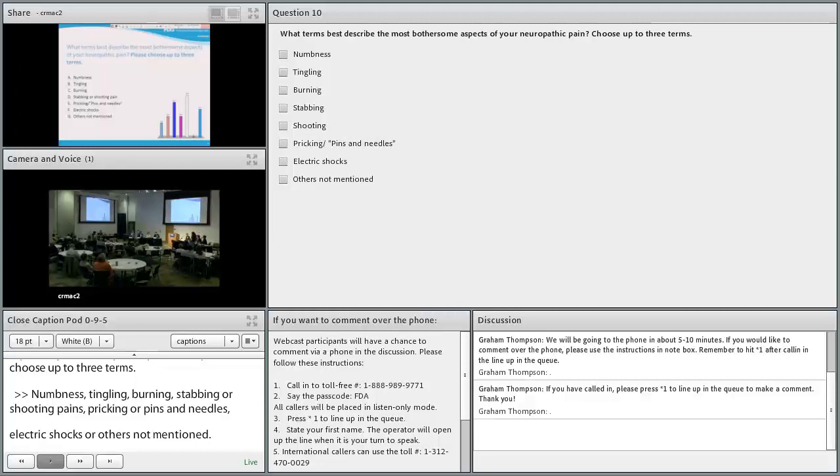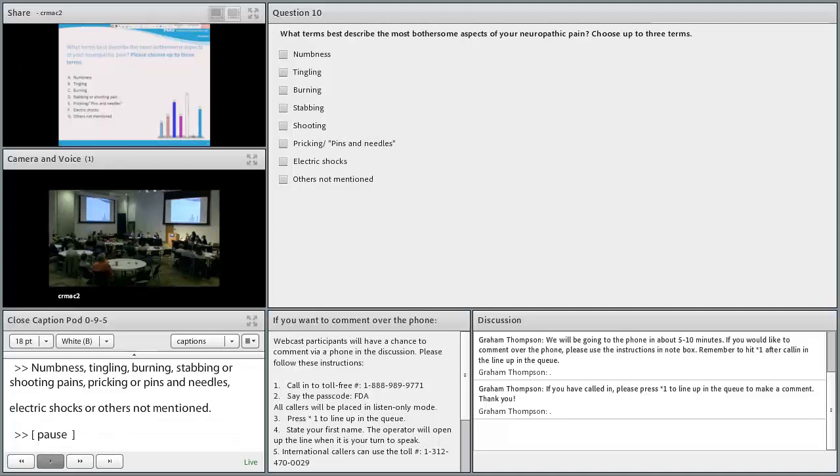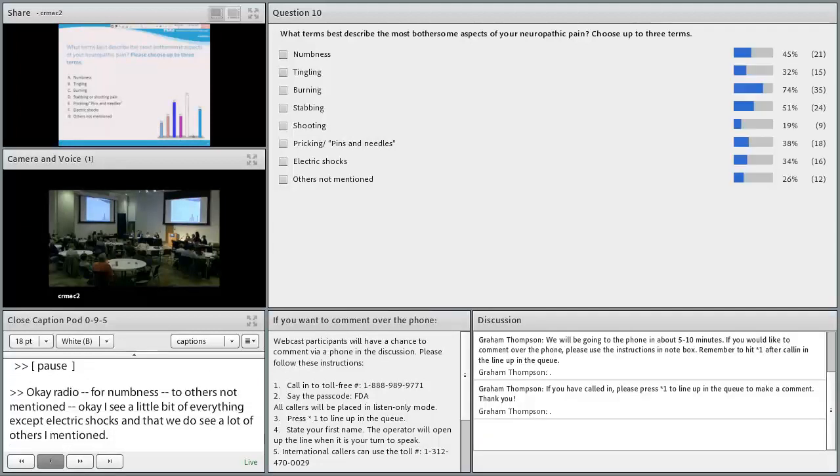Okay, a nice widespread here, from numbness to others not mentioned. I see a little bit of everything except for the electric shocks, and then we do see a lot of others not mentioned. Can we quickly have somebody share, if you identified others not mentioned, what you meant by that?